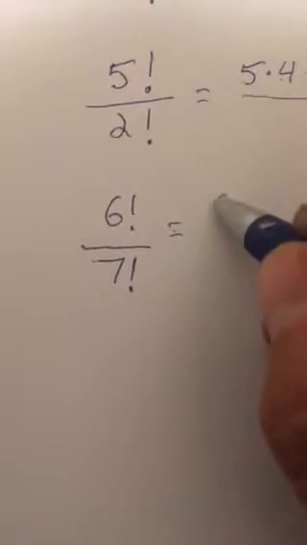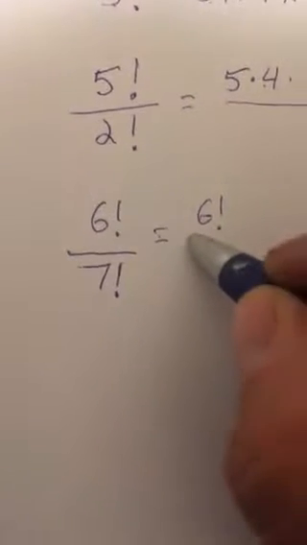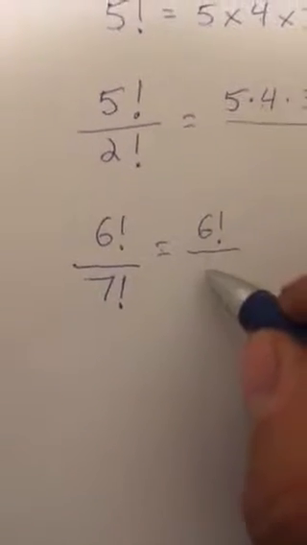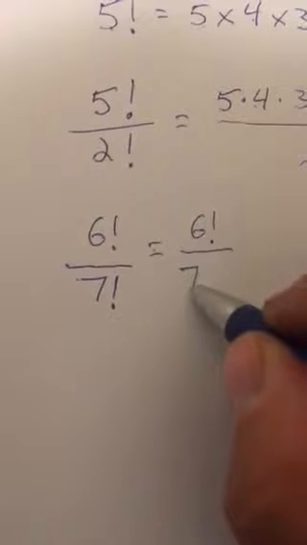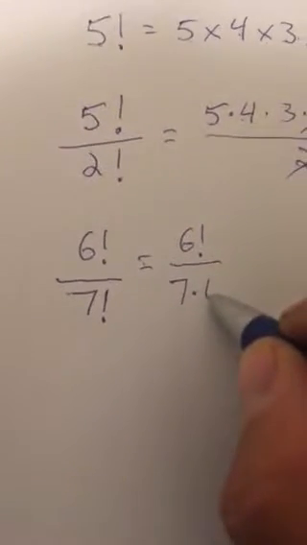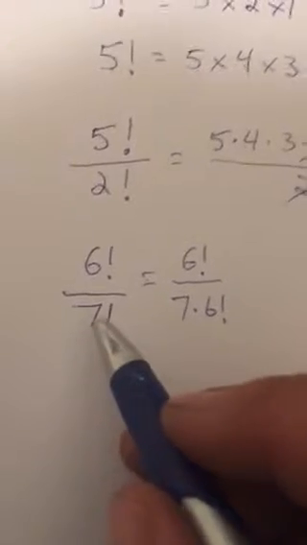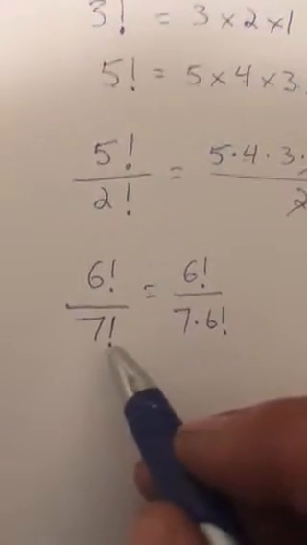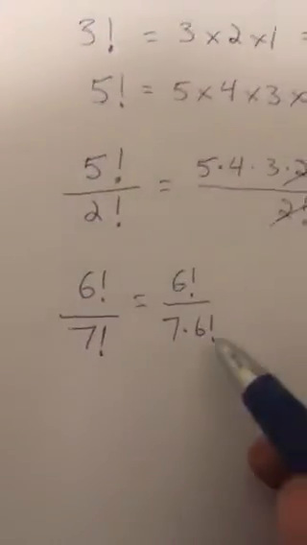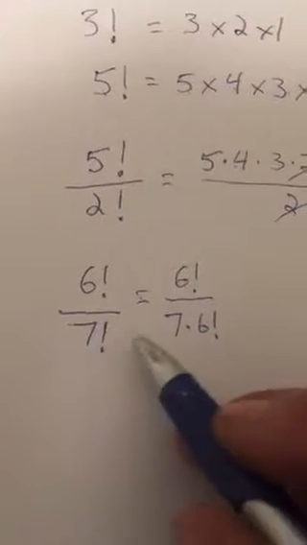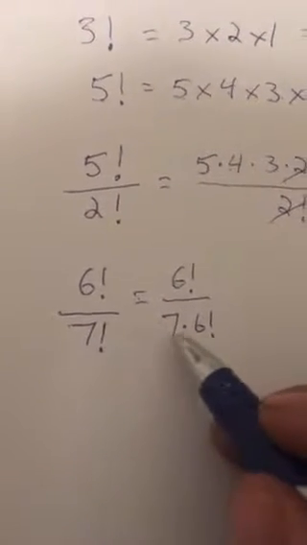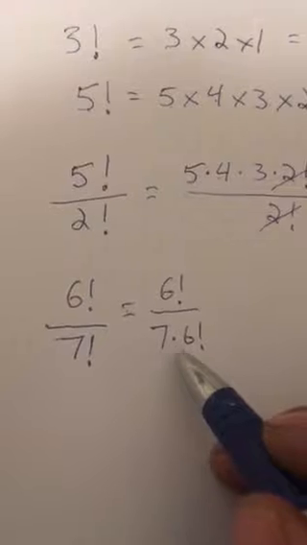You can take the 6 factorial, because that's the smaller factorial, and then in the denominator you can say 7 times 6 factorial, because remember that 7 factorial is 7 times 6 times 5 times 4 down to 1. And here would be the same thing. Both of those things are the equivalent value. We just broke it out a little bit different.